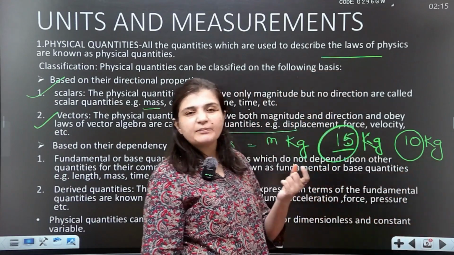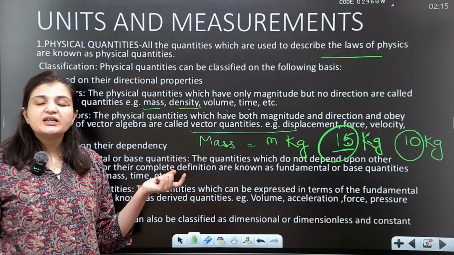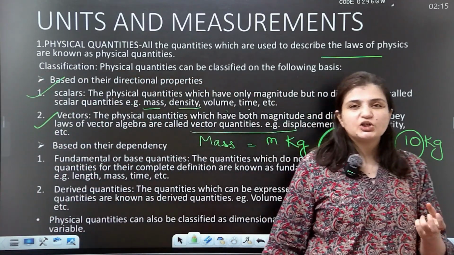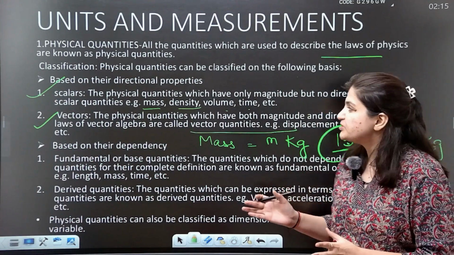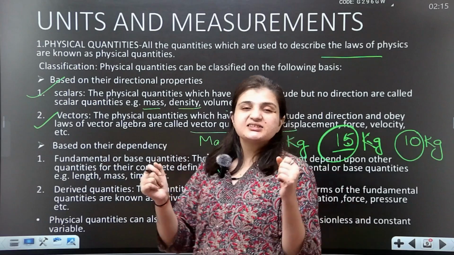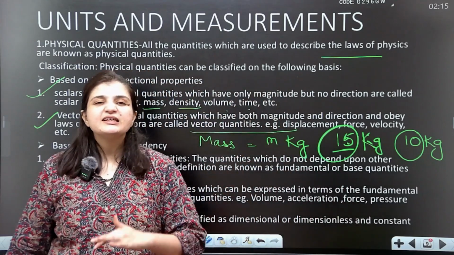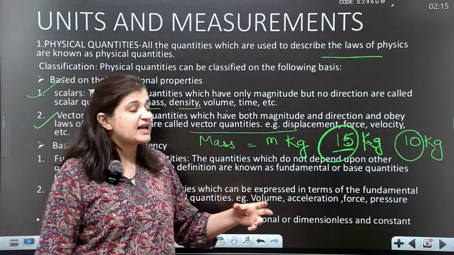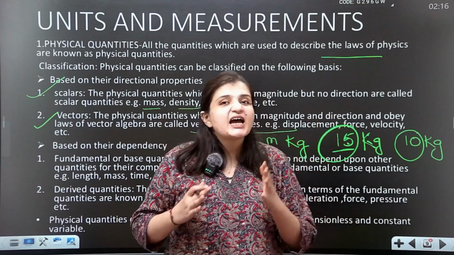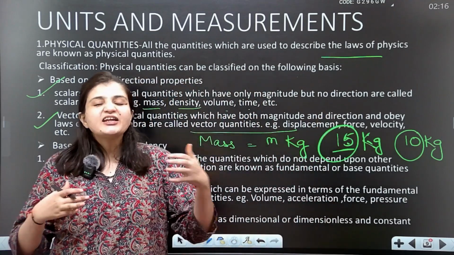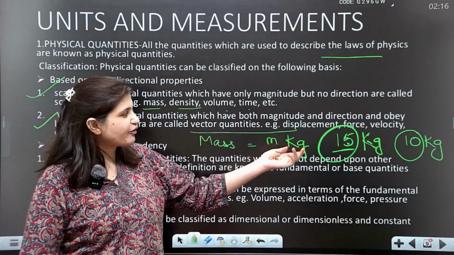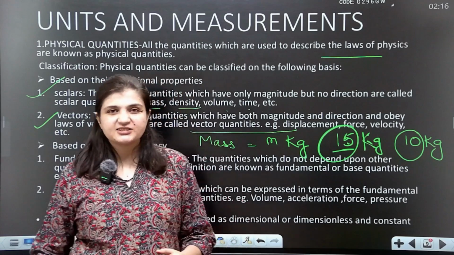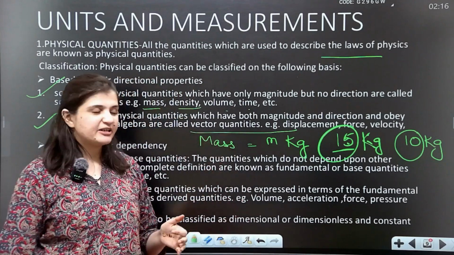This 10 is a measure of the mass. So this numerical term is the magnitude. If we have two objects, one thicker and one thinner, we can differentiate using the magnitude which has a greater mass and which has a smaller mass. This 15 kg has a greater mass, and 10 kg has a lower mass.